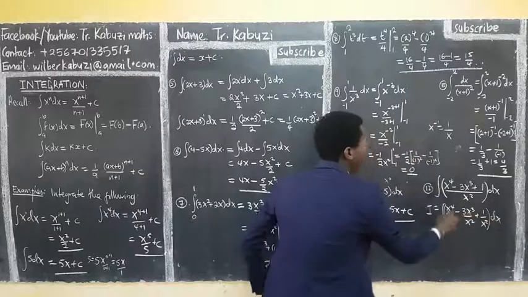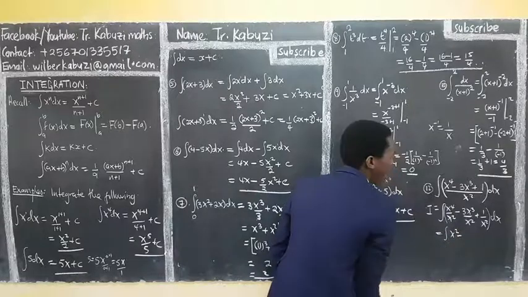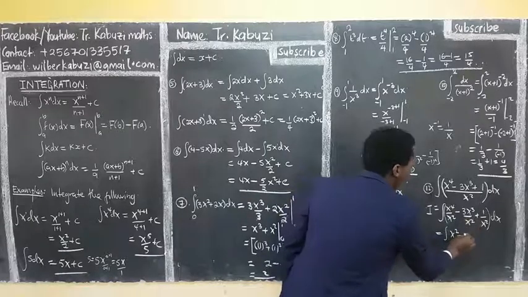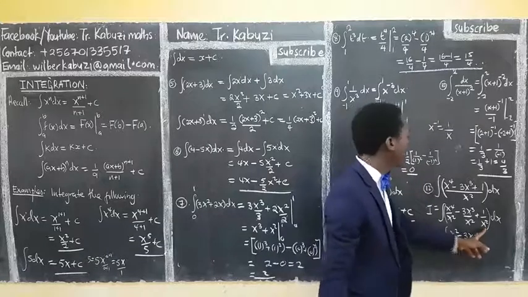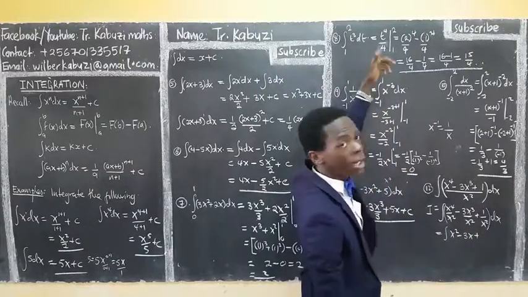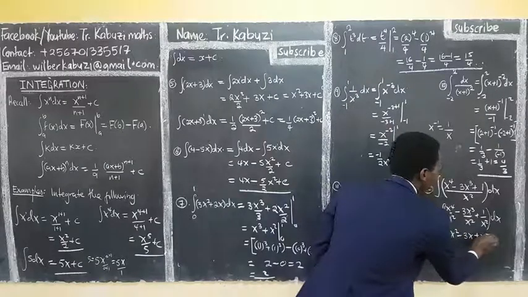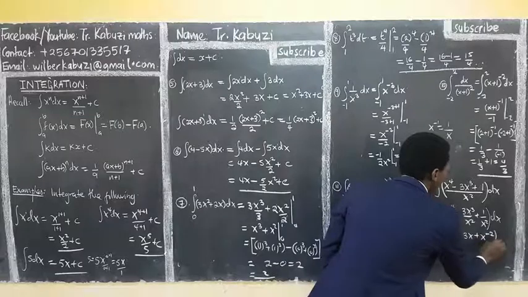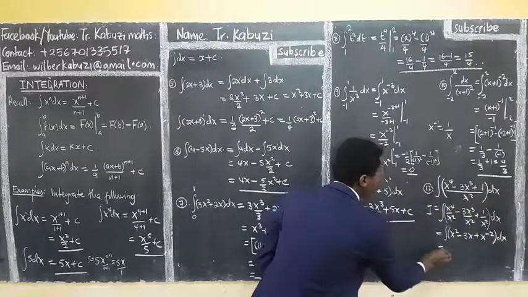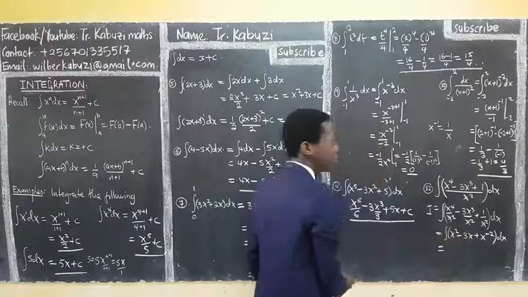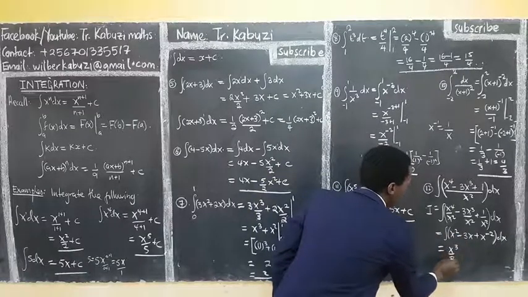Okay, when you divide this, you get the integral of x squared minus, when you divide this, you get 3x plus. Now this one, to integrate it, we have to take the power up. That's going to be now x power -2. Now all dx. Now I can integrate at once. This is the power 2. Increase it by 1, you get x power 3 divided by the new power.